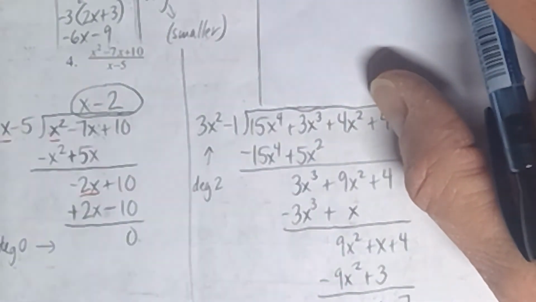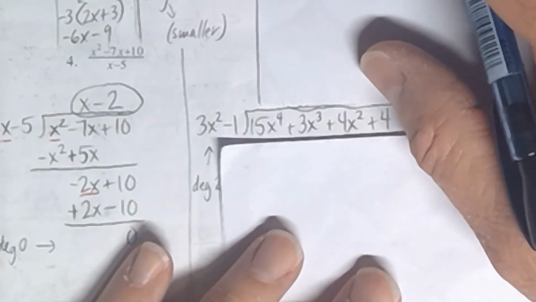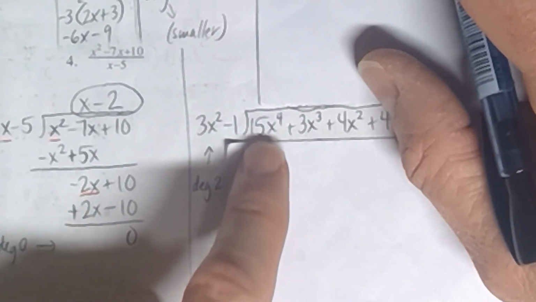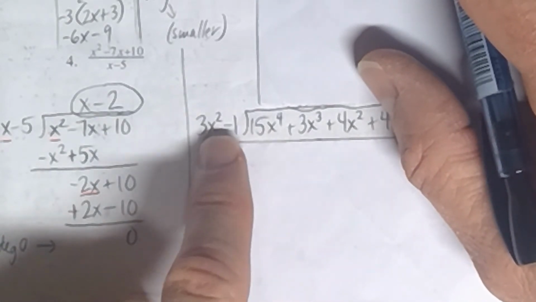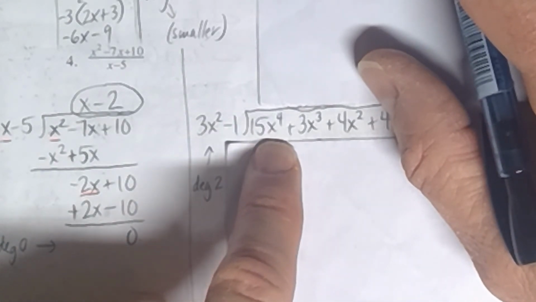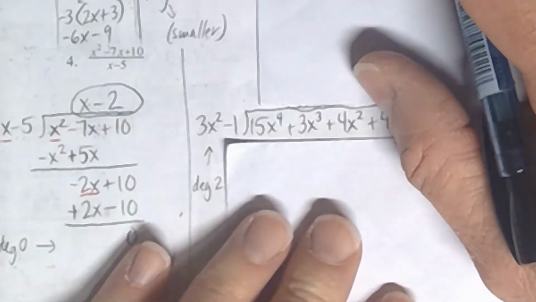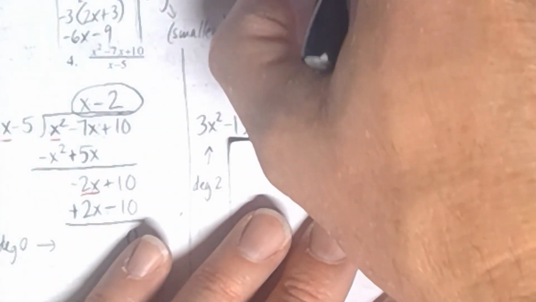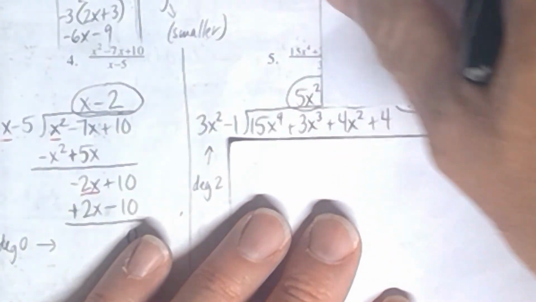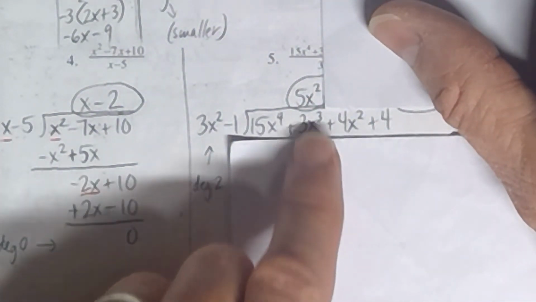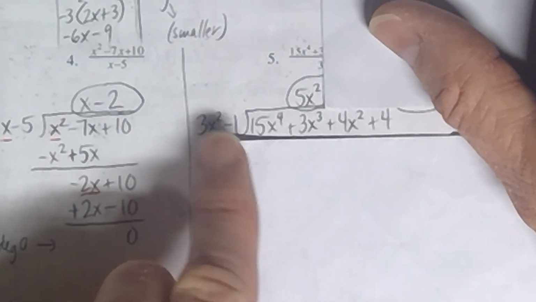So now, if I started off here, I need to do the first term here divided by the first term here. 15x to the 4th divided by 3x squared. If you put that in lowest terms like we were doing earlier, that would be 5x to the 2nd. I then take 5x to the 2nd and distribute it through here.